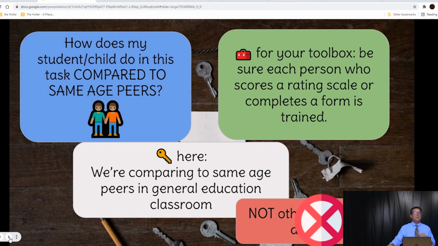And then you're going to ask, how does my student or child do in this task compared to same age peers? So that's the question you're asking. How does my student do with all these things that are required in the standards? Are they able to do this, or do they need some significant modification?